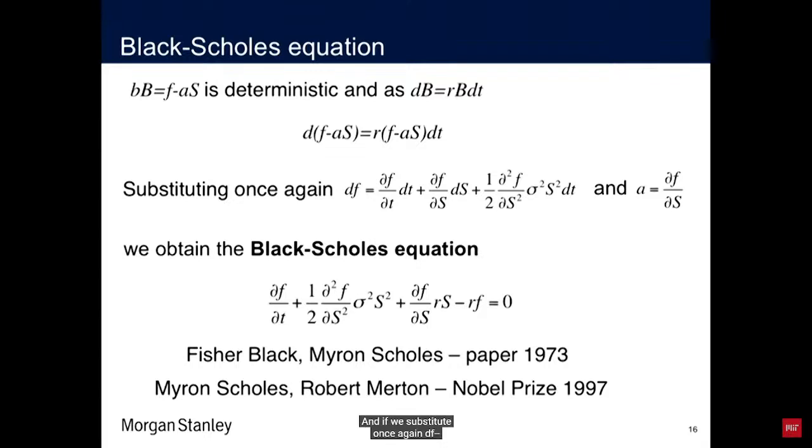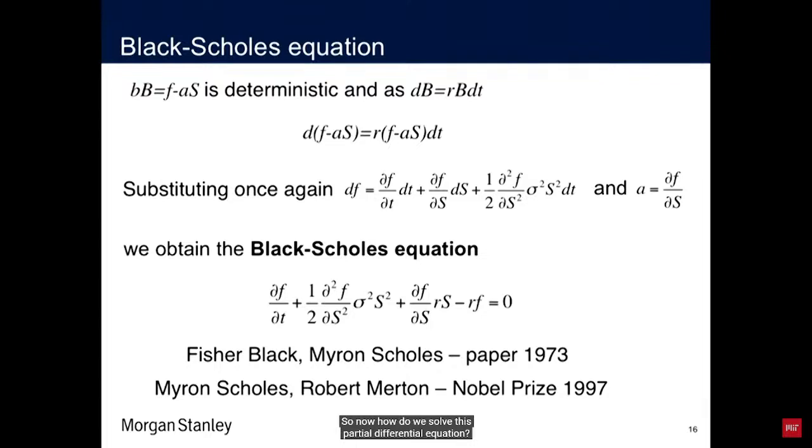If we substitute once again df, and don't forget that what we learned is that a is equal to df by ds, then we collect all the terms and arrive at this partial differential equation, which basically is a partial differential equation for the current price of any derivative.